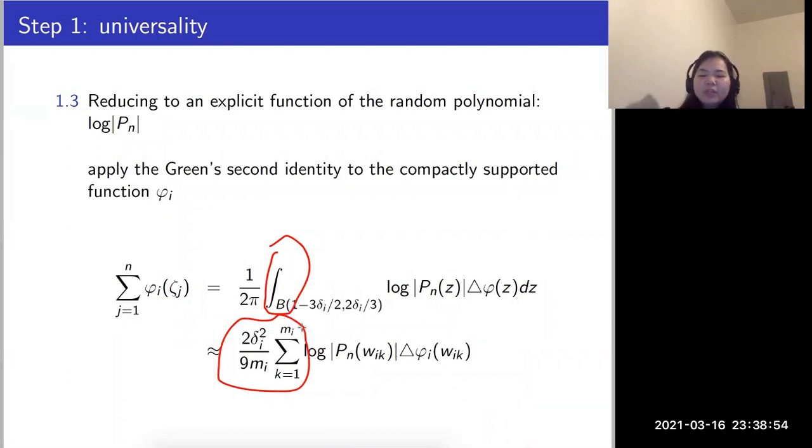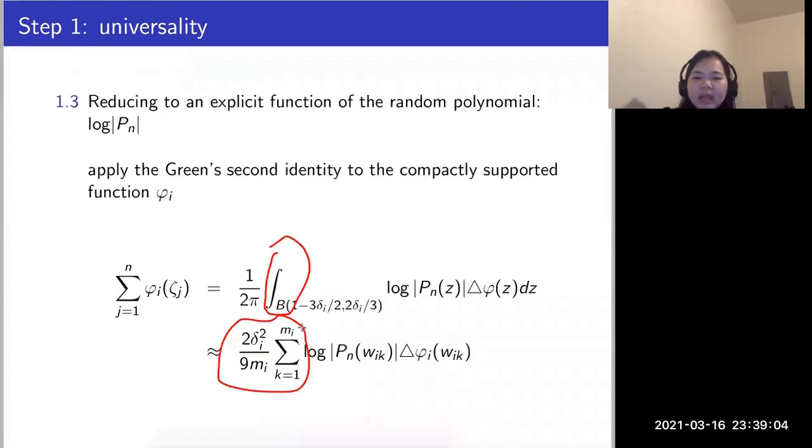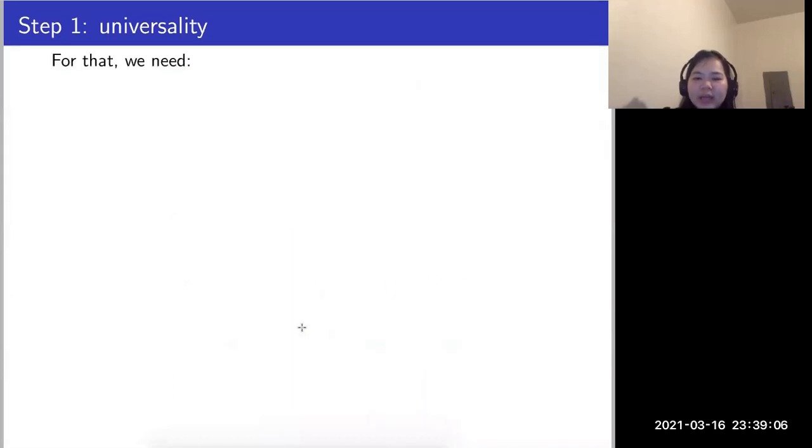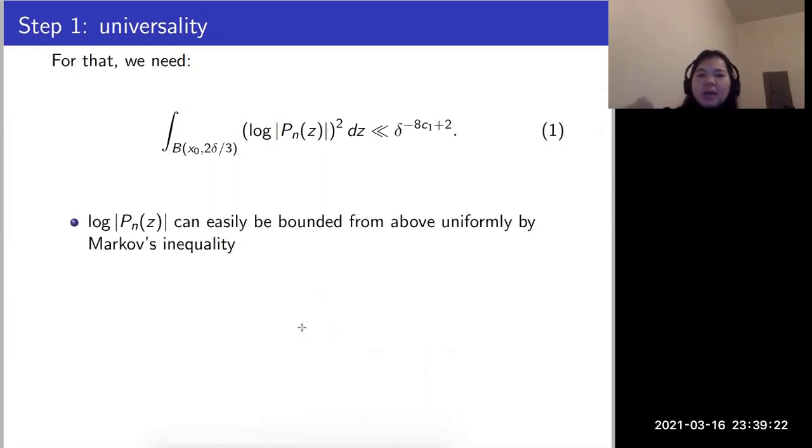In later work, we show that this is not necessarily needed, but for some intuition, let's say we approximate it by the sum, and for this approximation we need to show that the variance of the integral, the second moment of the integral, is bounded, so that we can use some sort of Chebyshev inequality for the approximation of the integral by the sum.